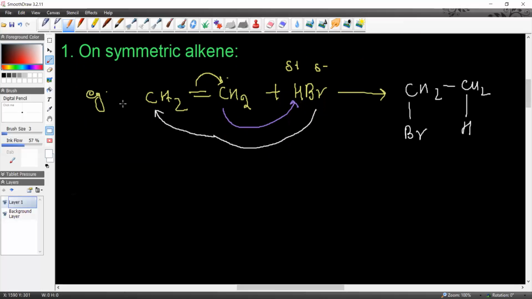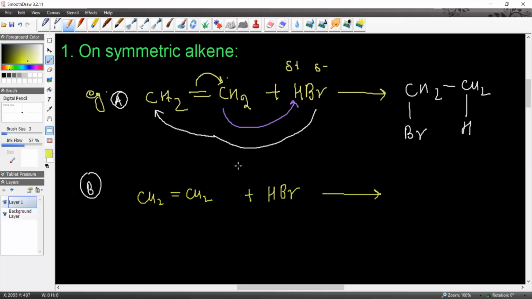Now this is the first situation, A, and now the second situation. In the second situation, you have CH2 double bond CH2, and you are adding on this alkene the same molecule as the previous one, HBr.